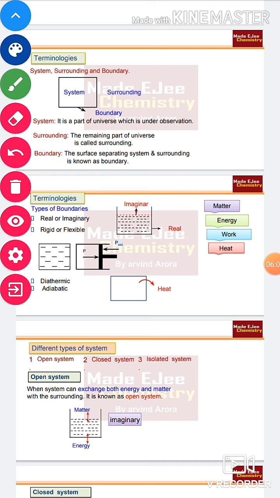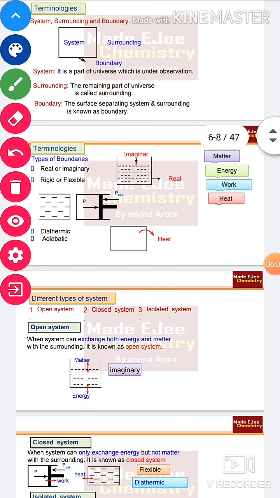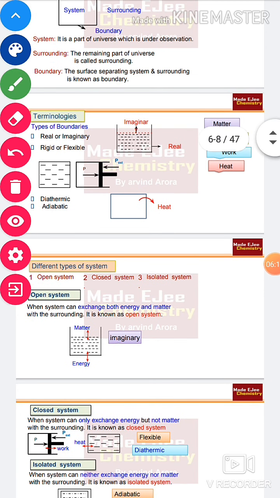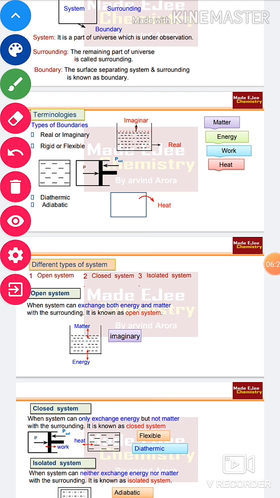Here again, in detail we can see the types of boundaries, as there are four different types. The first, the boundary may be real or imaginary.